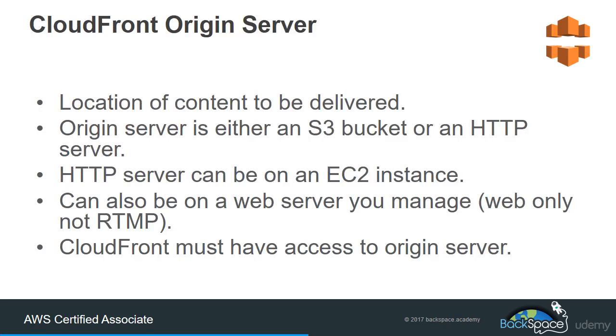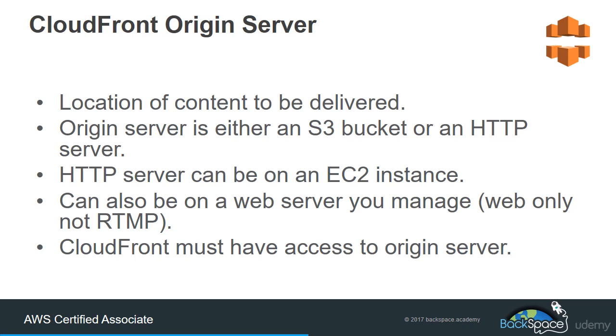The CloudFront origin server will be the location of the content that we are going to be delivering across the CloudFront content delivery network. The origin server can be either an S3 bucket containing our content, or an HTTP server. For example, it could be an EC2 instance. It doesn't actually have to be on our AWS infrastructure; it can be a web server that we manage outside of AWS.